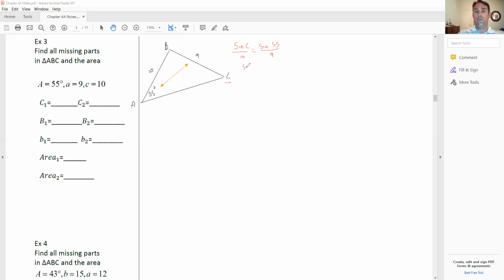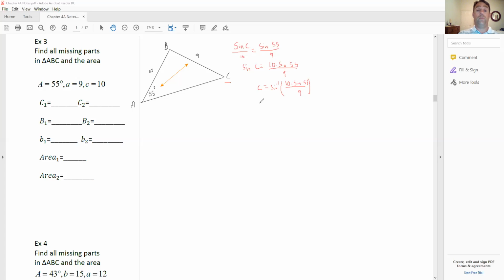So then sine of C equals 10 times sine of 55, all over 9. Now, friends, in order to get C by itself, this is where we use our inverse trig. So we're going to use our inverse trig back from Integrated 1. We're going to use the sine inverse button to move it to the other side so we can figure out what that angle is. So we have 10 times sine of 55 all over 9.